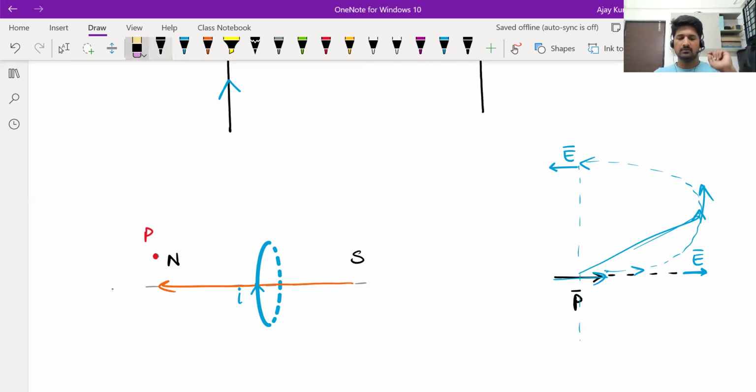Now this is a magnetic dipole. It has south and north. The field lines on the axis are a straight field line, but away from the axis, the field lines will be curved. They'll be like this.